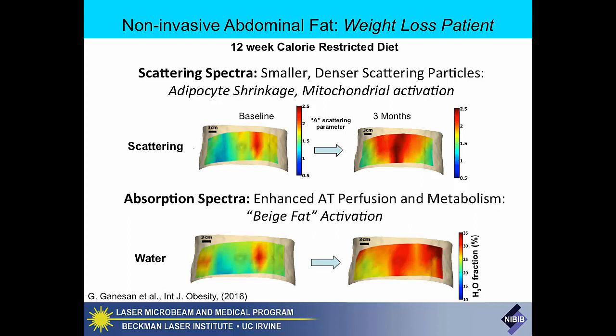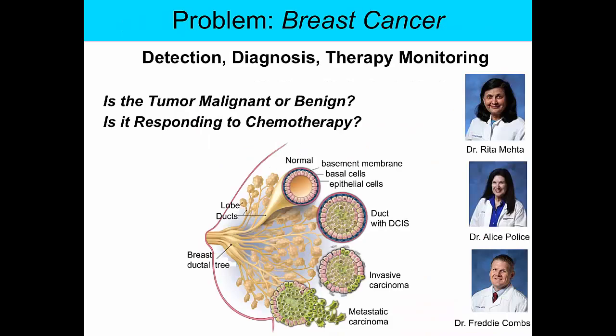But optically, we're actually reporting on that. So we see perfusion and alteration in scattering structure. So an interesting way to be super sensitive, potentially, to kind of a new endpoint. We're also using similar approaches in breast cancer, and in fact our breast cancer work is what really inspired confidence that we could go ahead and map your abdomen, which has a lot of subcutaneous lipid, and get that kind of information.